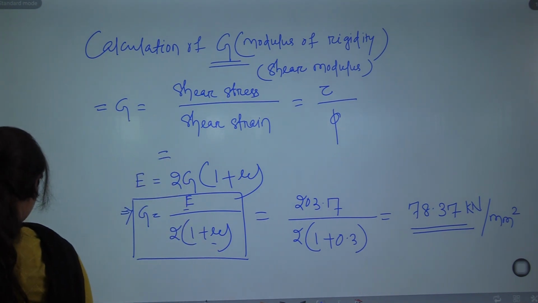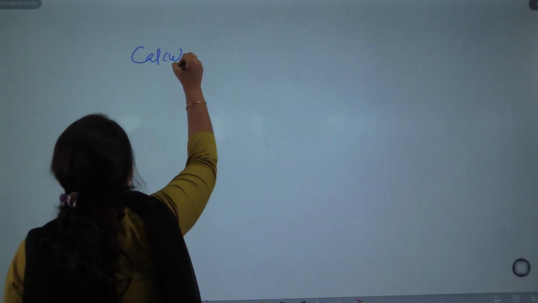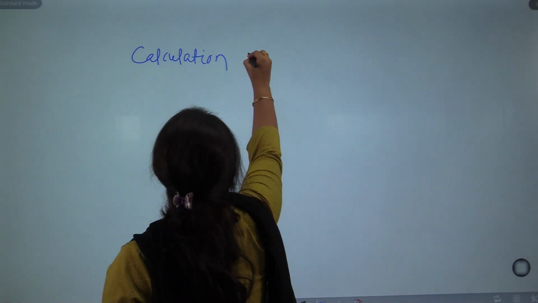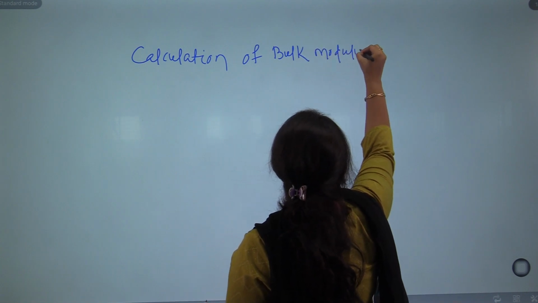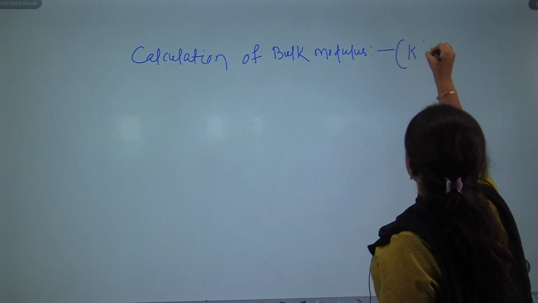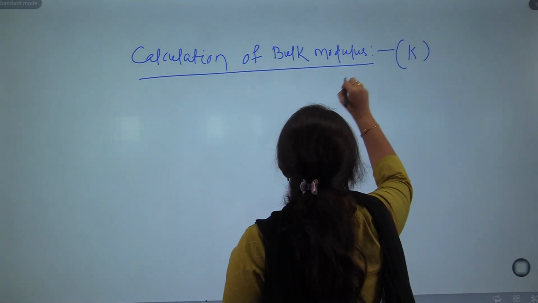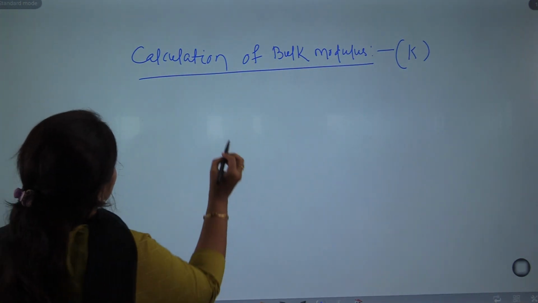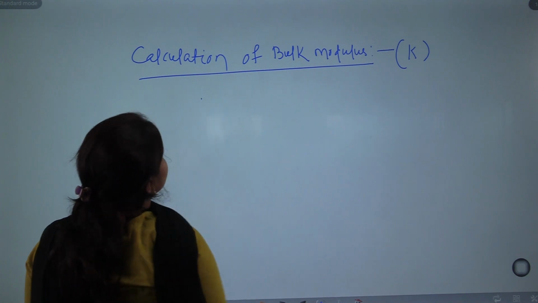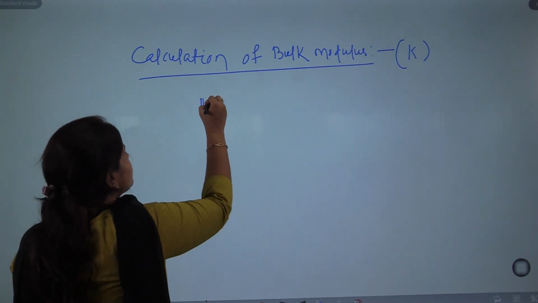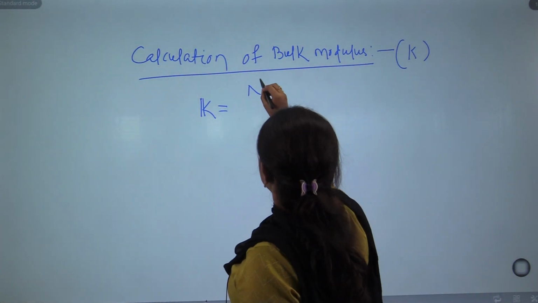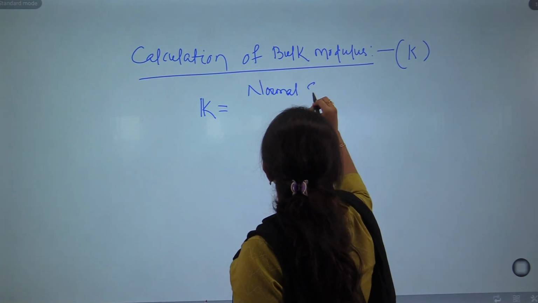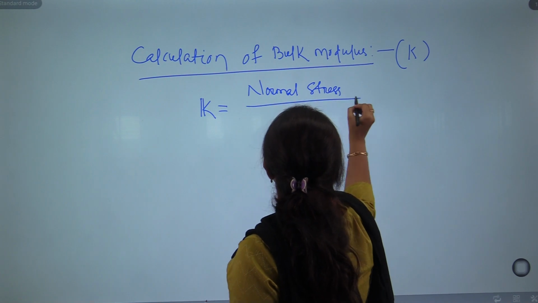Now, next, calculation of the last elastic modulus, that is the bulk modulus, denoted by K. The formula for K is normal stress upon volumetric strain.